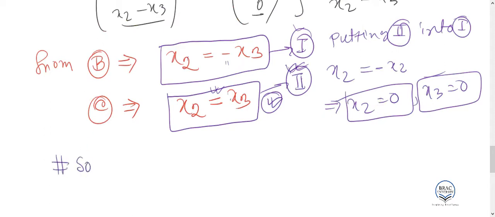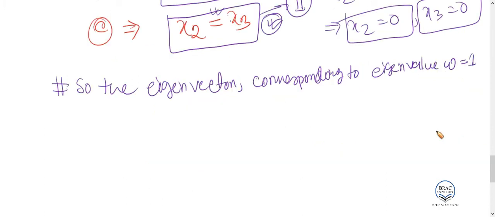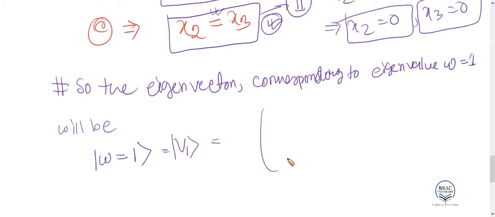So the eigenvector corresponding to eigenvalue omega equals 1, that is when the eigenvalue is 1, let's write this as v1, will be just x1, and x2 is 0, x3 is also 0, and x1 is arbitrary, right?